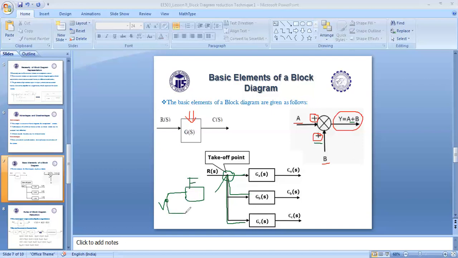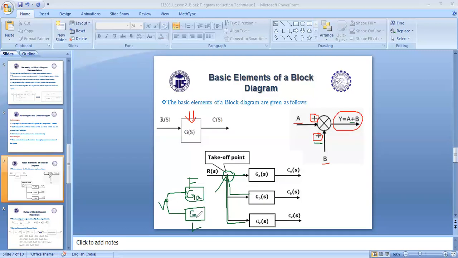The same 230 volt is connected to a light. Now, the fan will have its own transfer function, say GA.